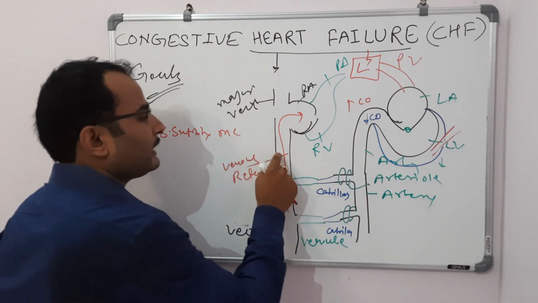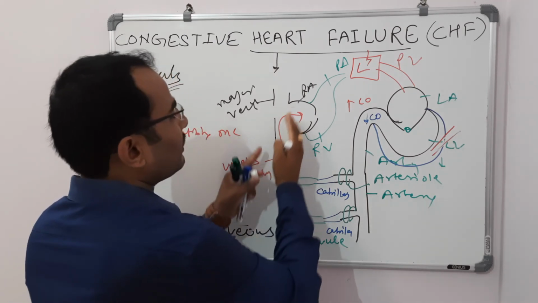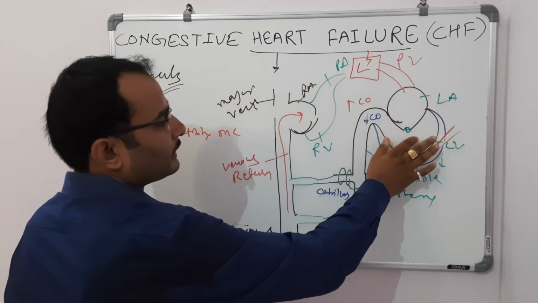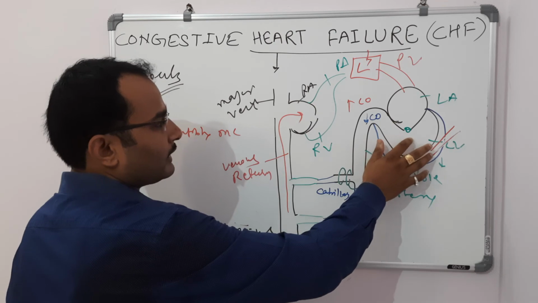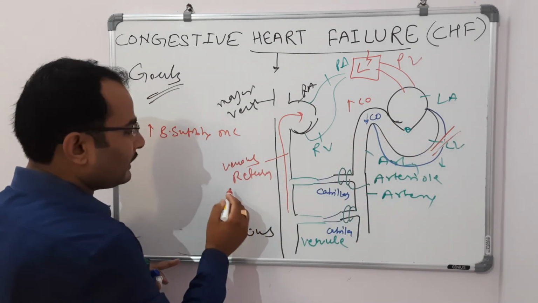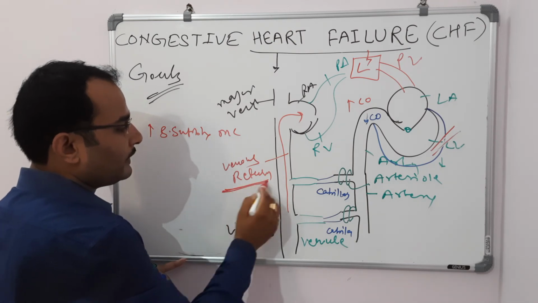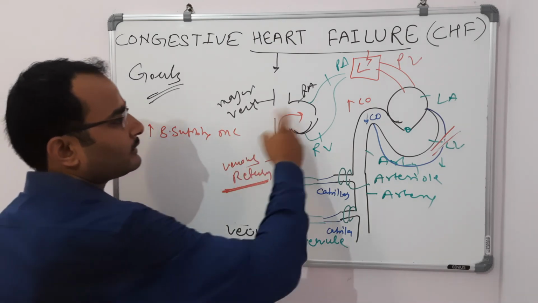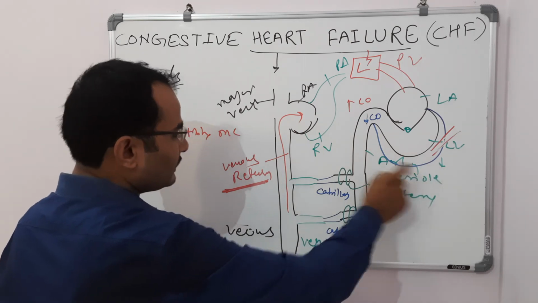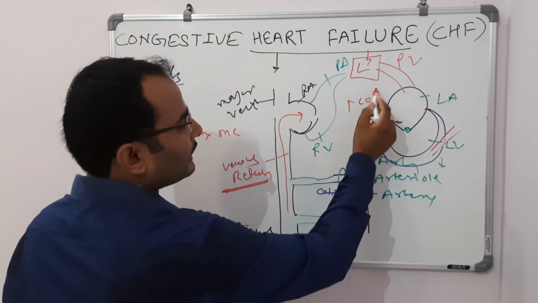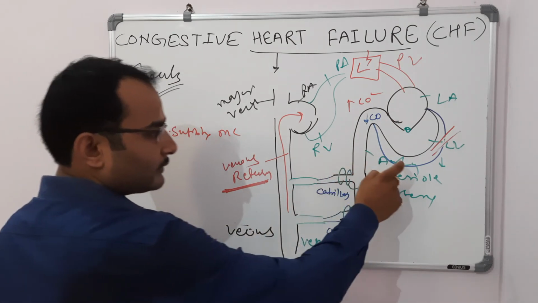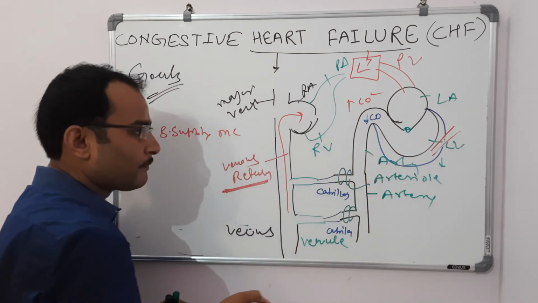If we supply a higher amount of blood to this left ventricle, then there will be an increase in cardiac output. So if we increase venous return, and here we are providing the healthy myocardium, this will increase cardiac output again.